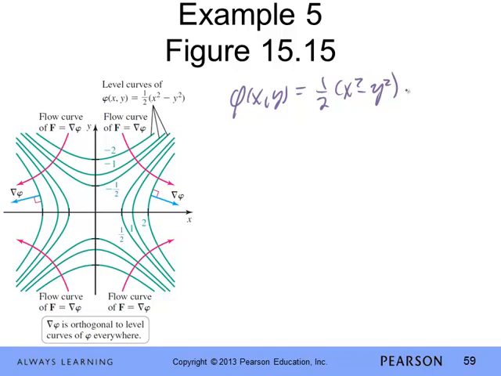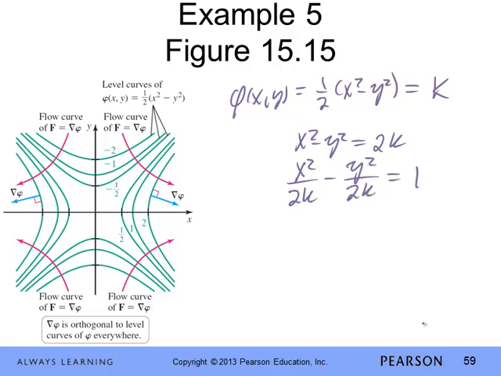Now, when you set this function equal to various constant values, let k be equal to some random constant, and then of course multiply both sides by 2, so you have x squared minus y squared is equal to 2k. Or in other words, x squared over 2k minus y squared over 2k is equal to 1.